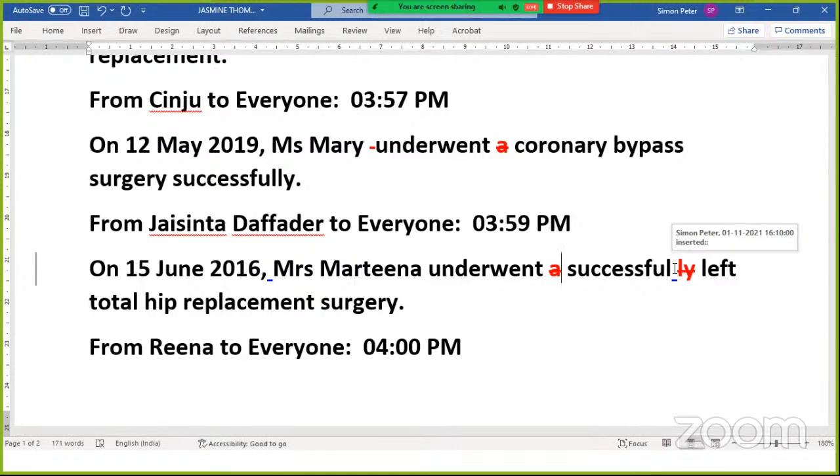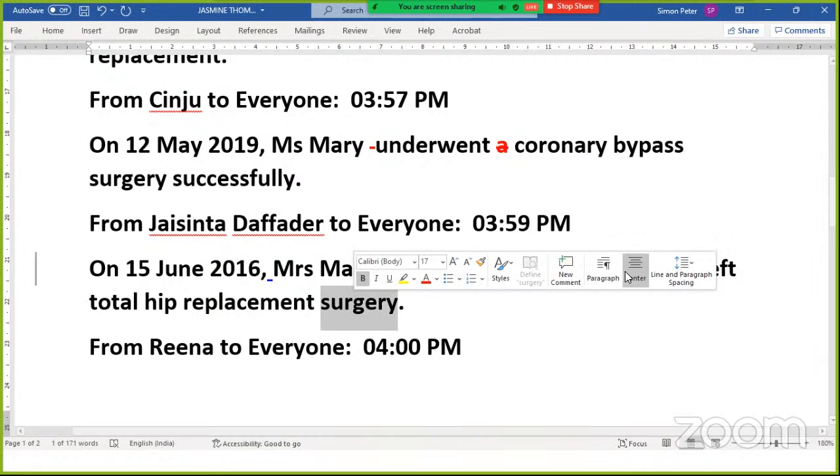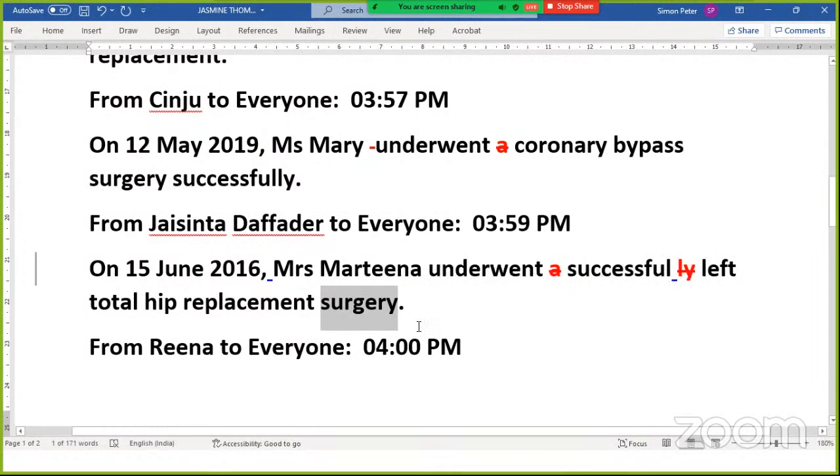After surgery, it is successful surgery before. If you write before surgery, you have to say successful surgery. Or surgery successfully. See here, surgery successfully. This is right. Surgery successfully or successful surgery.